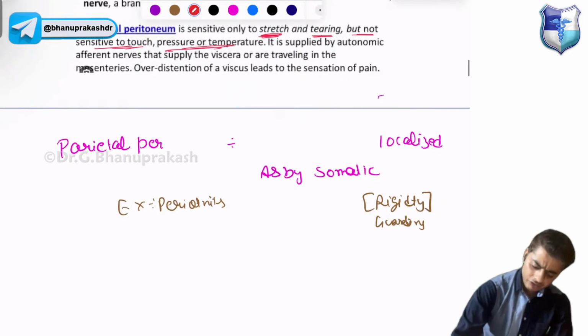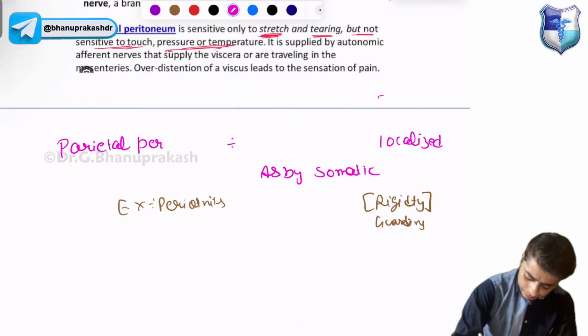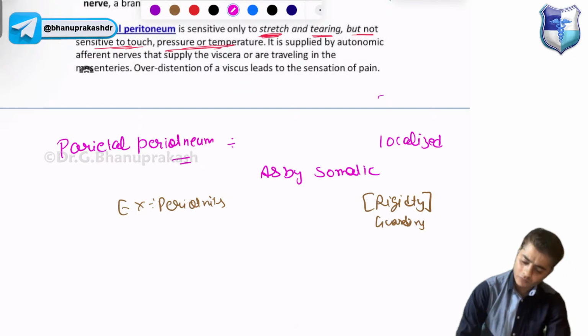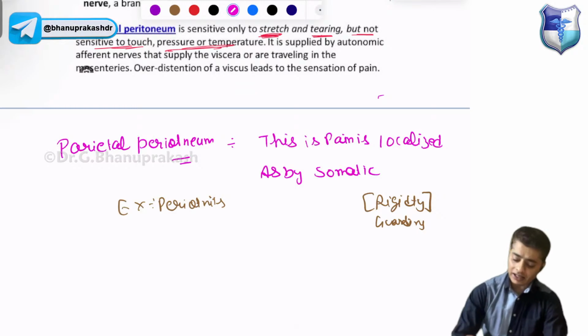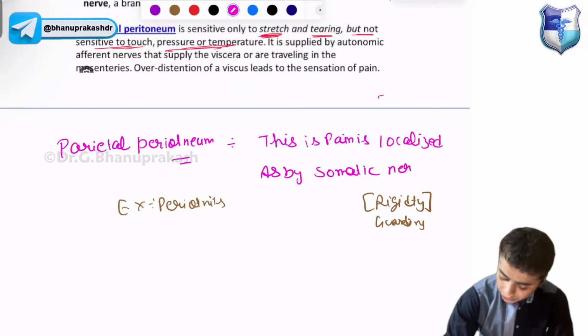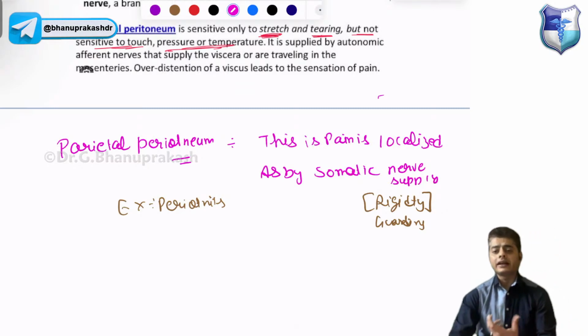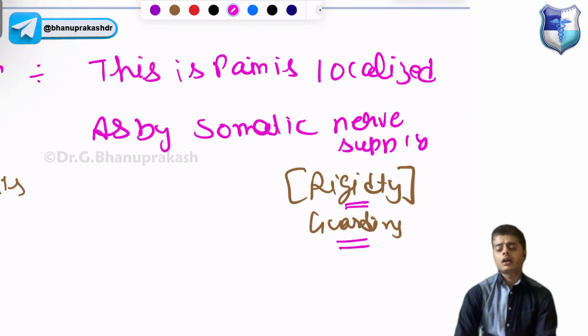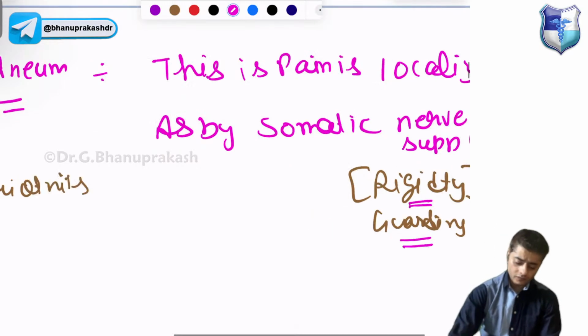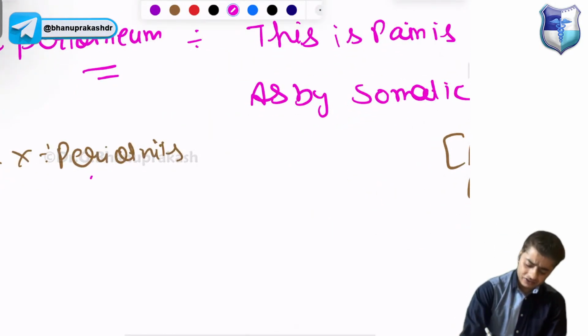Now we will complete this. Coming to the parietal peritoneum, what we have seen is that this pain is localized. Why is this pain localized? Because it is supplied by somatic nerves. That's why here you get rigidity and guarding, for example in any kind of peritonitis.